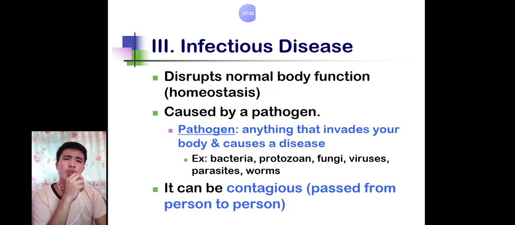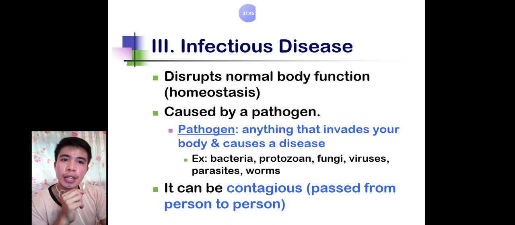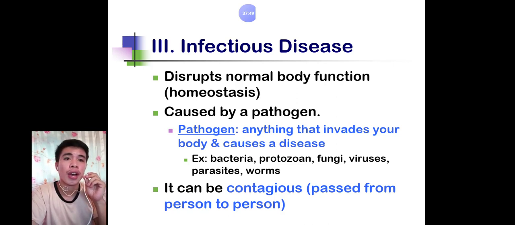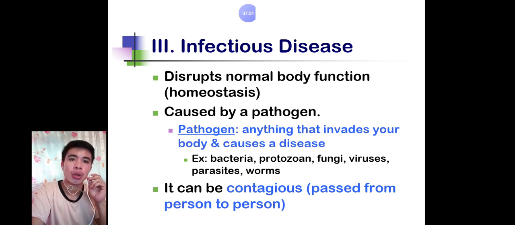So, next one is the infectious diseases. So, disrupt normal body function or the homeostasis. Yes, we already discussed that homeostasis is the balance of all system to work, to function and work properly. So, caused by the pathogens. So, what is pathogens?